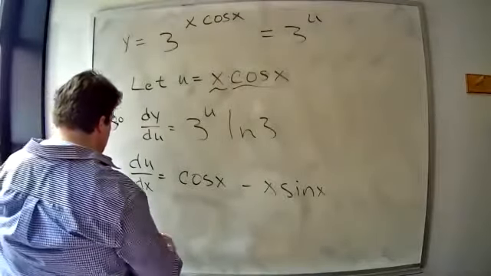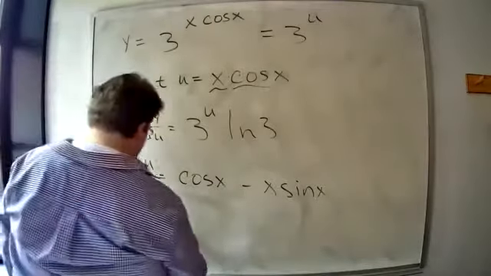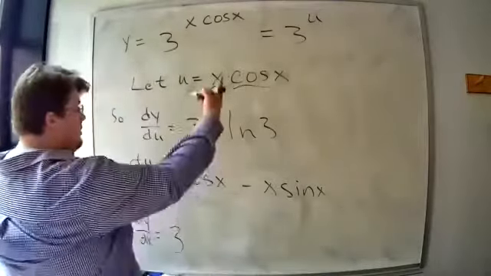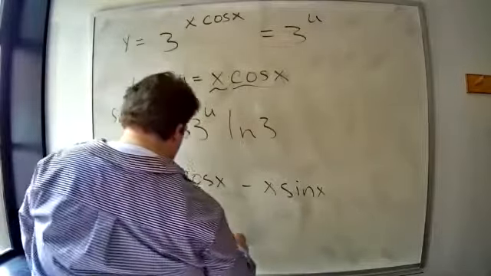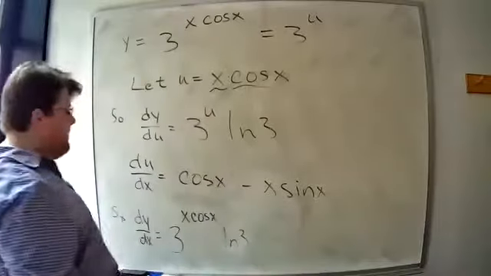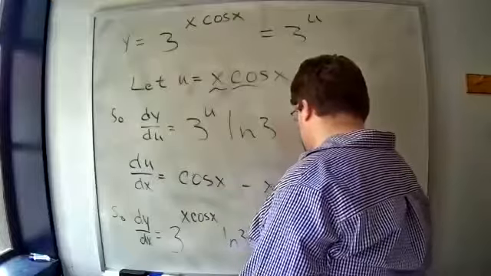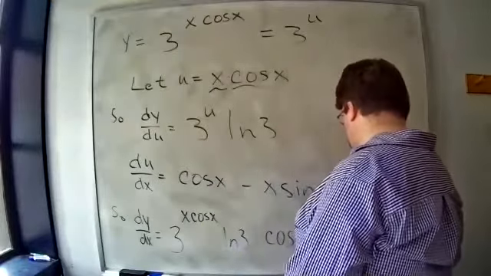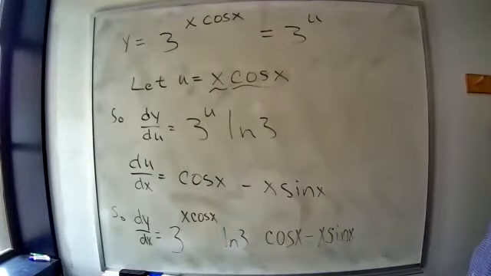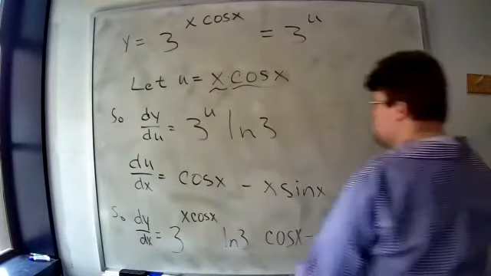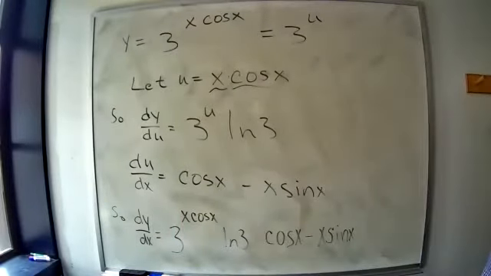Well, then dy dx is what? This times that. So 3 to the u, natural log of 3 times du dx. So we have 3 to the u, log u, times du dx.